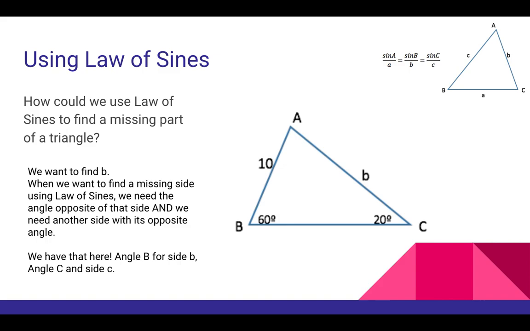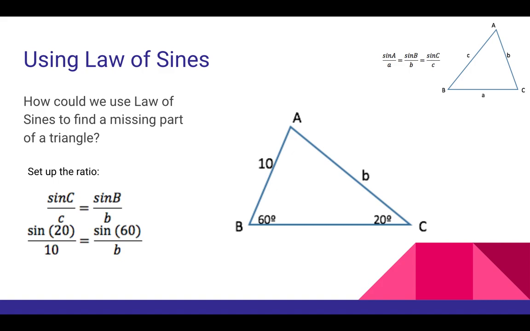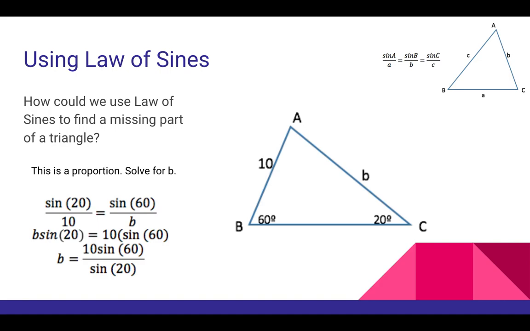So what we do is we now set up the ratios. I know that sine C to little c is going to be equal to sine B to little b. So the sine of the 20 compared to 10 is going to equal the sine of the 60 compared to little b. It's a proportion. I'm just going to solve. I multiplied both sides by b and multiplied both sides by 10 to clear the denominators.